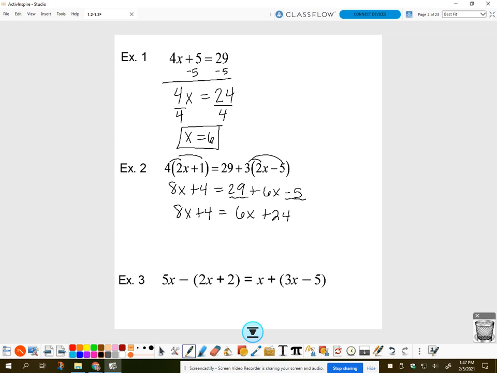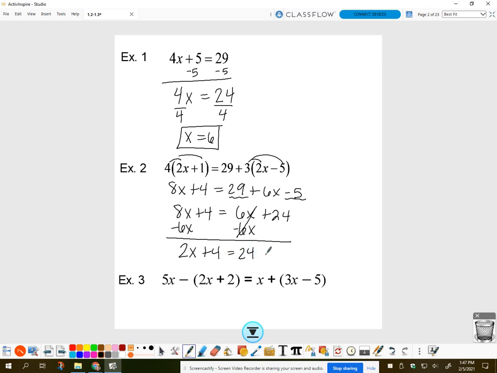At this point, you're trying to get variables on one side, numbers on the other. I usually pick the smallest variable and move it. It doesn't matter though. At this point, you can pick any of these 4 things and do the opposite, and you're going to be fine. So I'm going to pick subtract 6x because I want it to disappear over here and appear on this side but combine with the x that's already there.